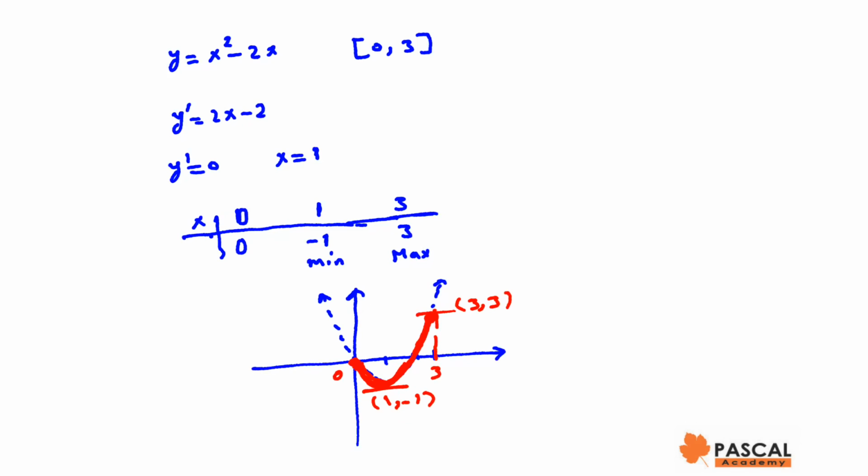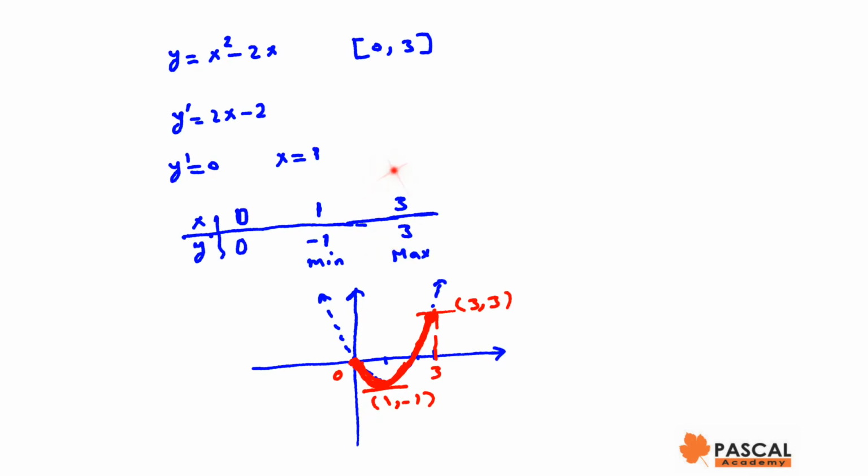The only critical point on the graph of the function is 1 and negative 1. The value of function at 0 is 0, at 1 is negative 1, at 3 is 3.